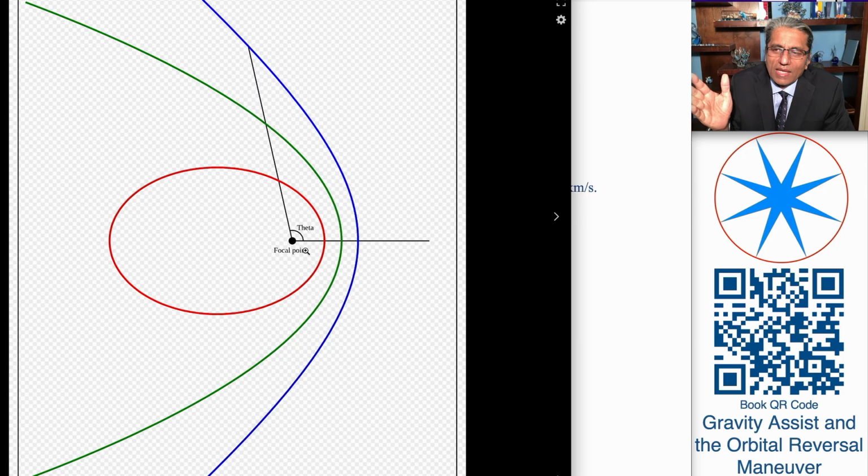Just like when a bat hits the ball, it is given a force in the opposite direction of its initial motion. Similarly, the spacecraft in all these points experiences a gravitational force which is going to make it accelerate in this direction.